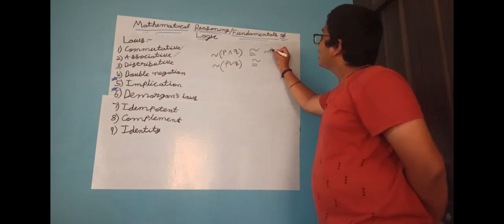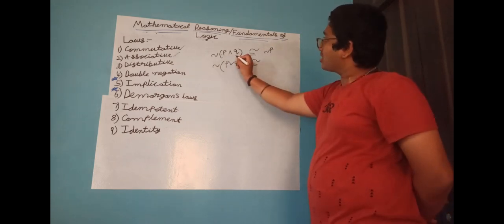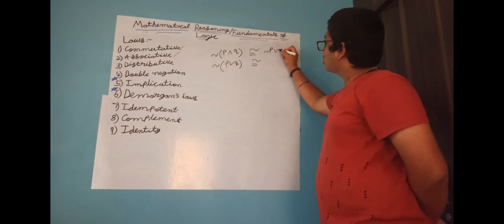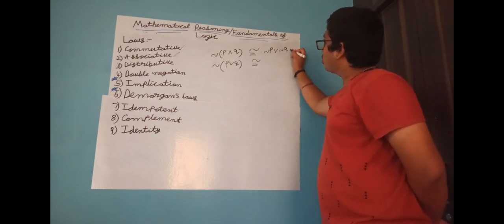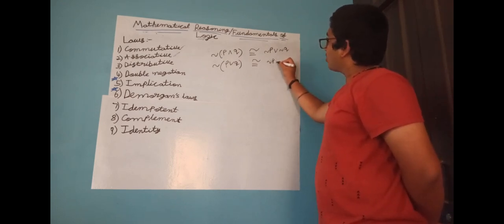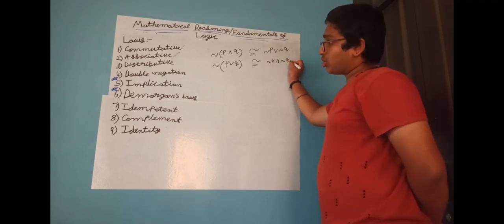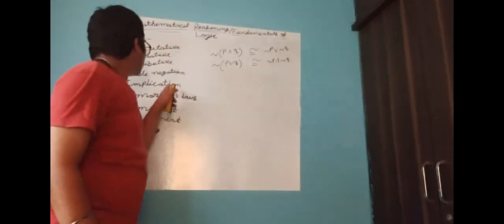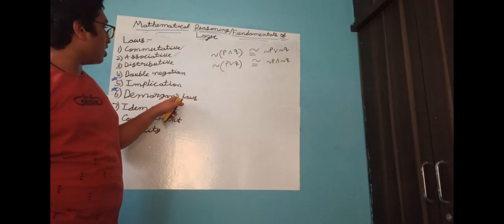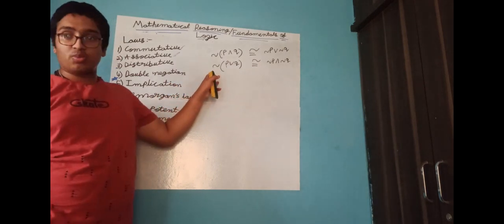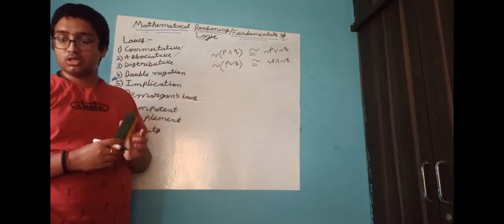Negation P, and when negation comes, this AND becomes OR negation Q. Here, the opposite: negation P and negation Q. This is what De Morgan's laws are. Don't confuse implication and De Morgan's laws, as these are very important in case of inference rules.